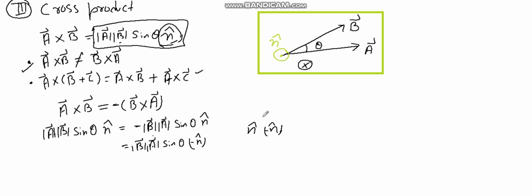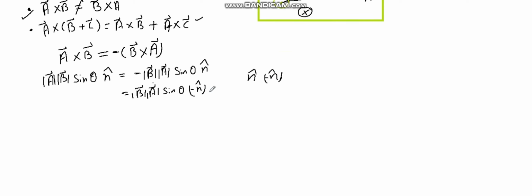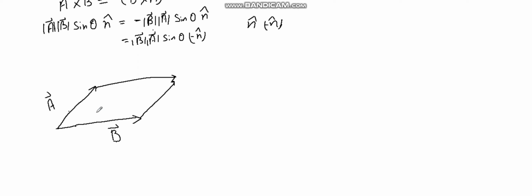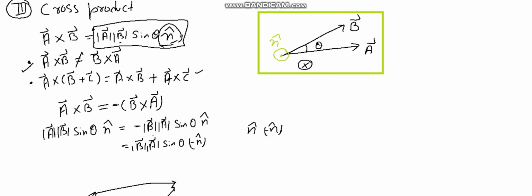Now, what does this cross product physically represent? The cross product represents the area formed by the parallelogram. So we have this vector A and the vector B. If we transport this A over here and this B over here, then we make a parallelogram with the angle theta, the same theta which is present in this formula.